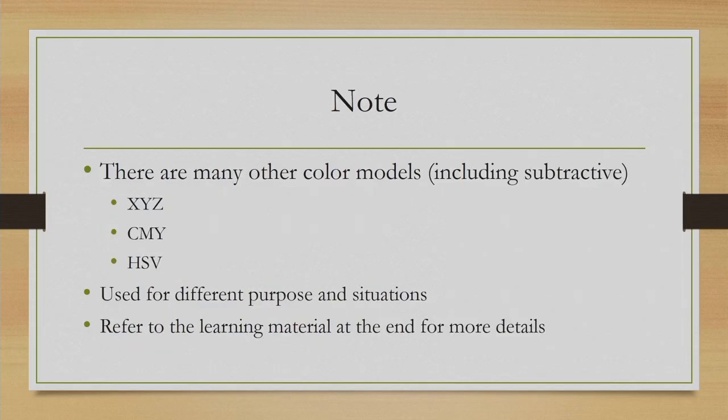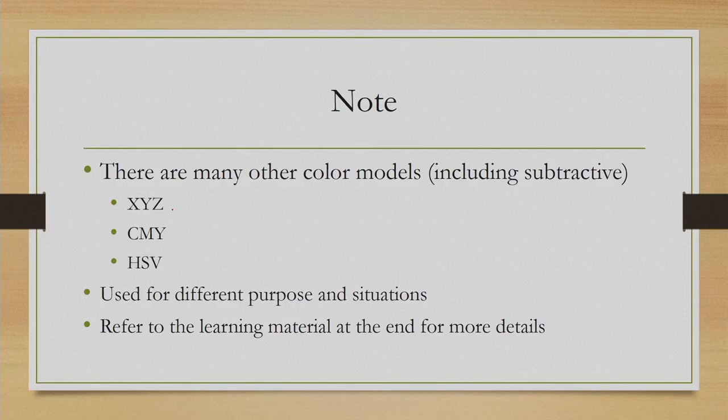Now, we said RGB is a color model which is an additive model. Now, there are other color models also. For example, there is the XYZ model, CMY model, HSV model. These models are used for different purposes and different situations, and not all of them are additive.